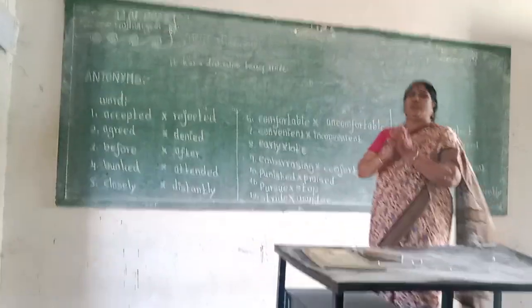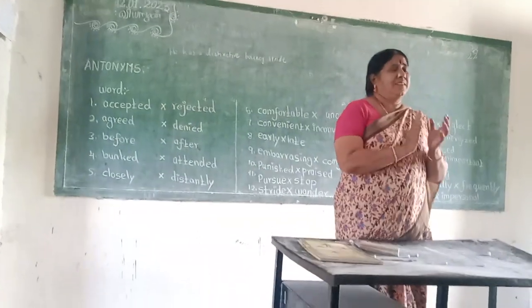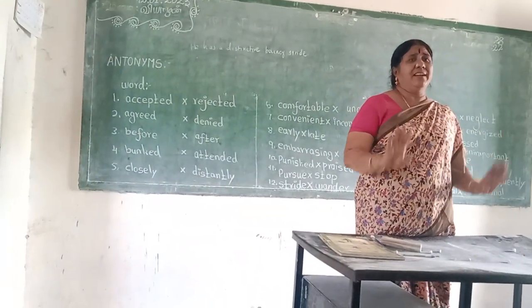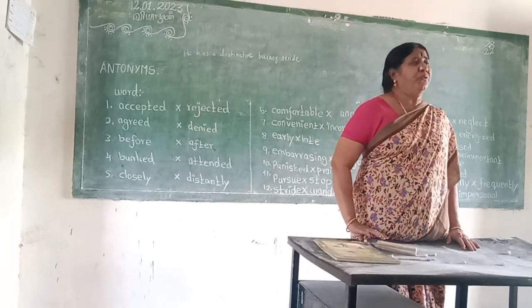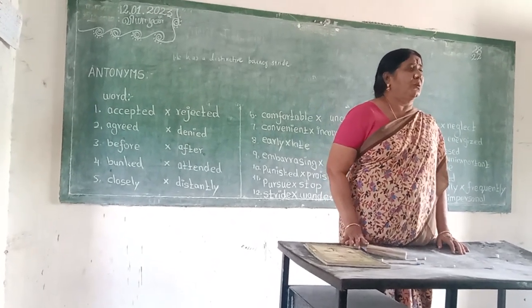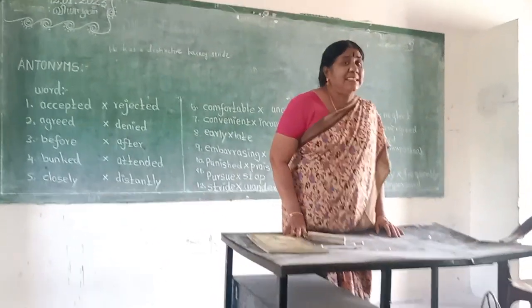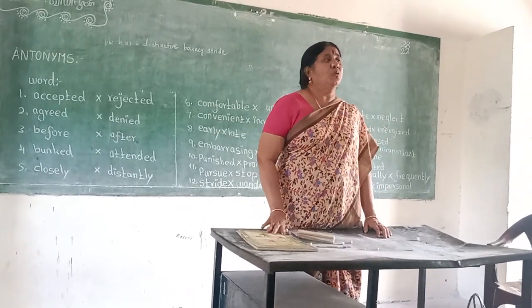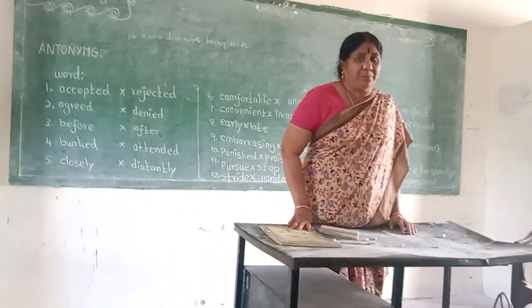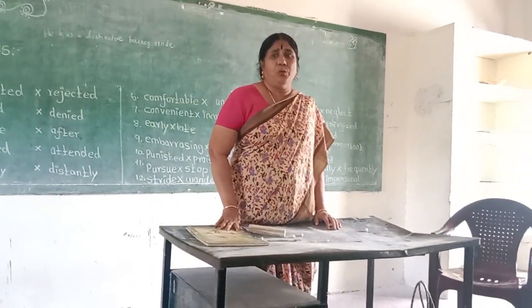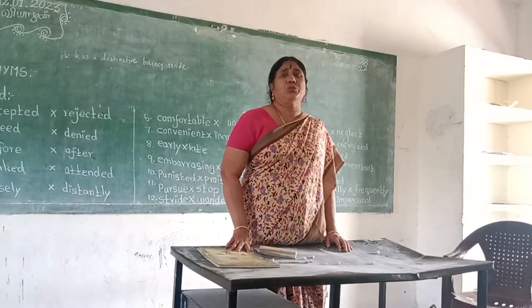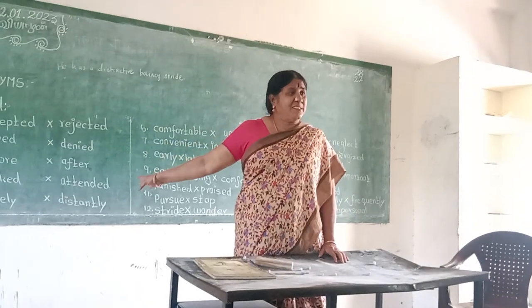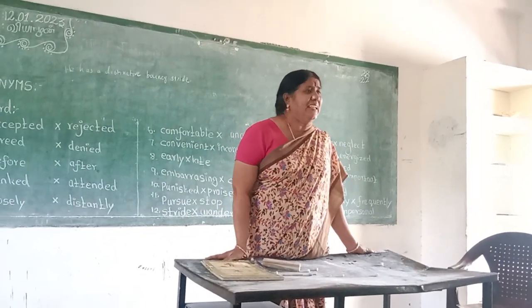Give a big hand for yourselves. You have beautifully represented all the words with correct enunciation and pronunciation. So you should know to frame sentences like me. Tomorrow, stand up and give sentences for all these words in English.